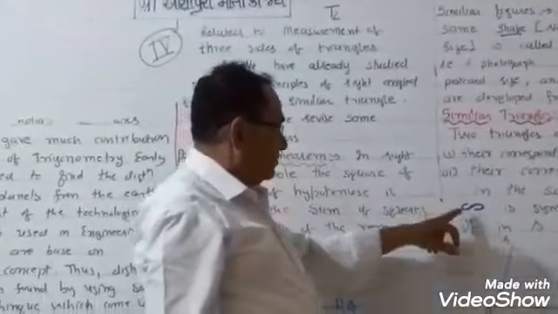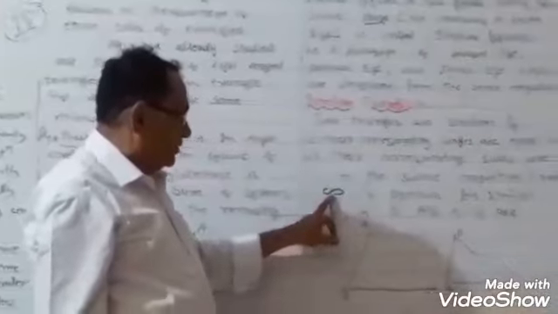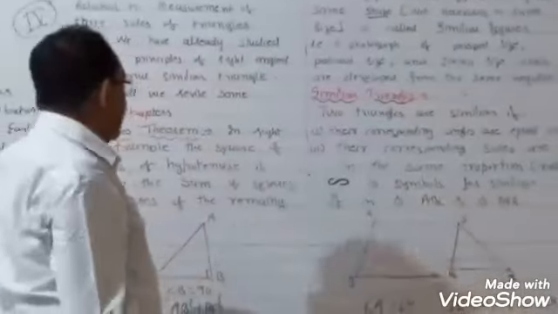This is the symbol for similar triangles.